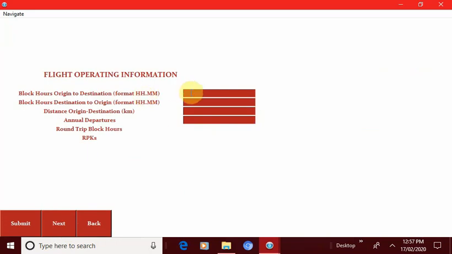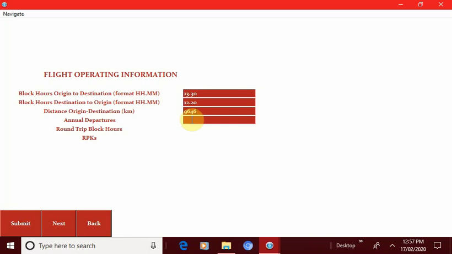Here the flight operating information has to be input. The block hours have to be in the format of hh.mm, that is hours.minutes. So block hours from origin to destination, say it was from Boston to Rome, that is 13.30 hours. Destination to origin is 12.20, and distance in kilometers, say it was 9646 kilometers.